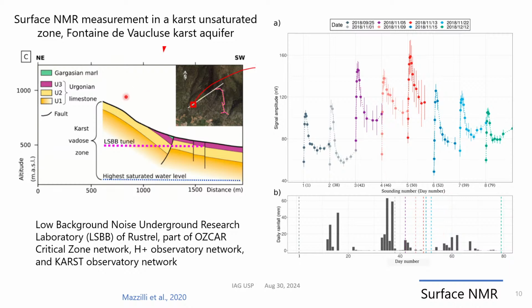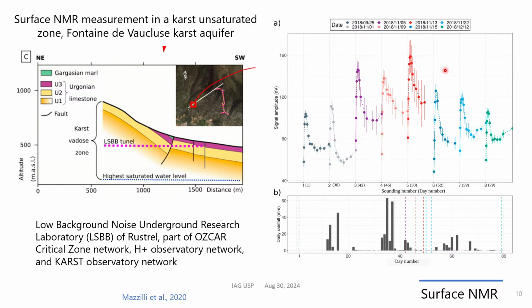In this place, this is their geological setting, and this is their experiment. This is the experiment site, and in the top one here, you can see the signal amplitude from surface NMR. Here they didn't plot the distribution of the relaxation time, only the amplitude of the signal.